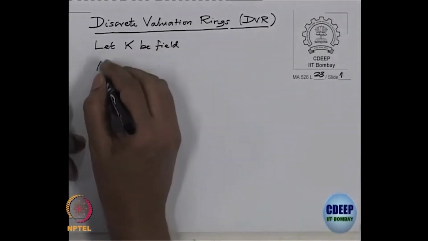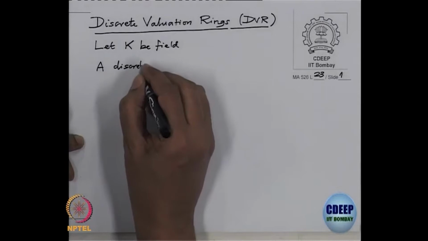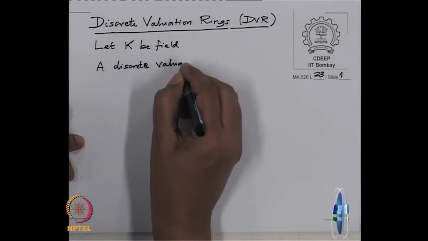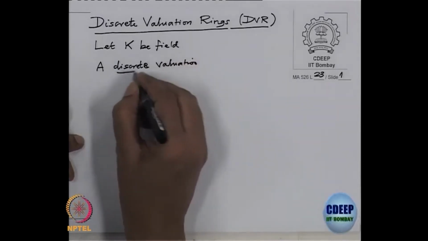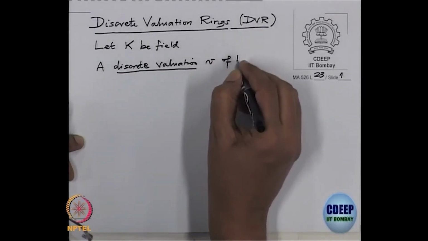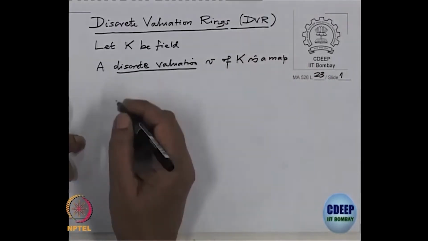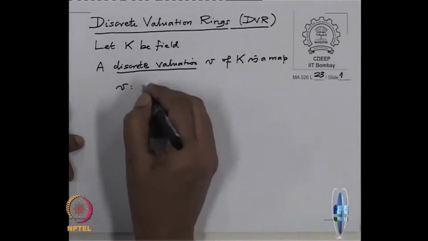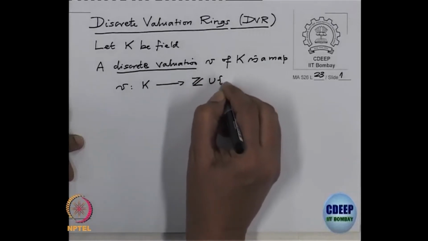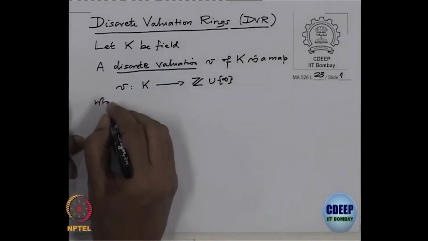Let K be a field. A discrete valuation V on K is a map V from K to Z union infinity, which satisfies the following three properties.